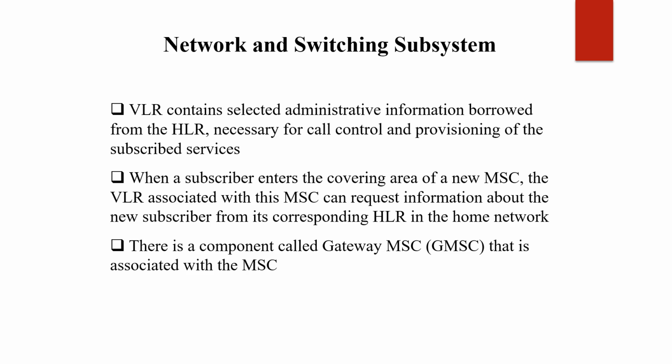VLR contains selected administrative information borrowed from the HLR. जैसे हम लोगों ने बताया मैंने कि your subscriber उसका नाम, address, numbers, the static data is stored with the HLR, but the moving addresses from one location to another and specific information is stored with the VLR system.